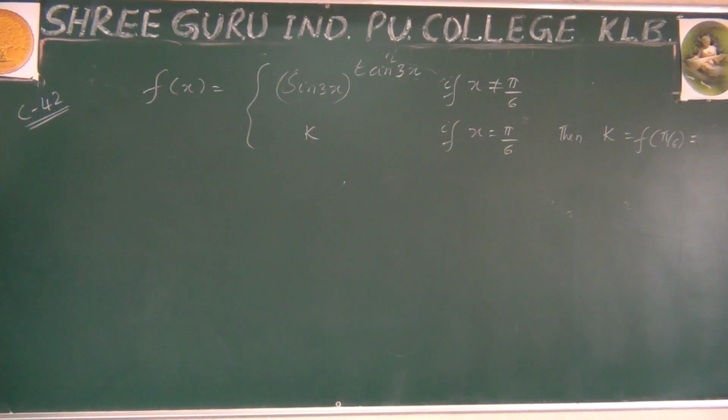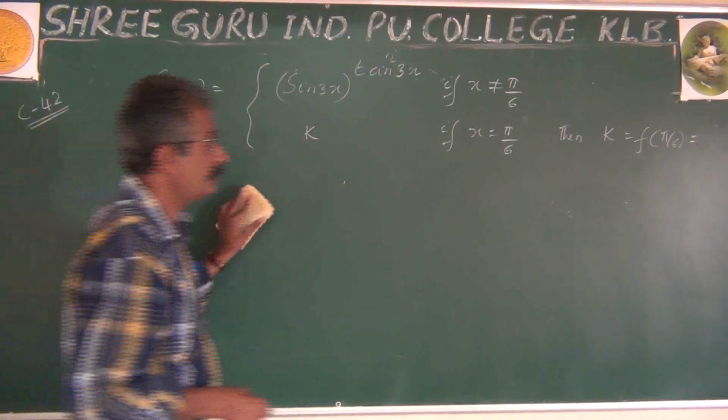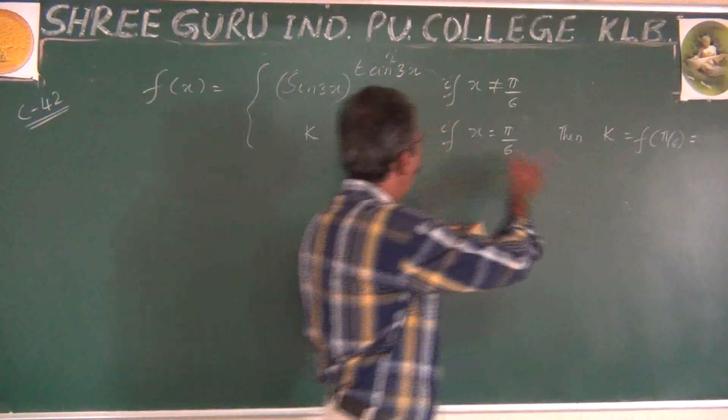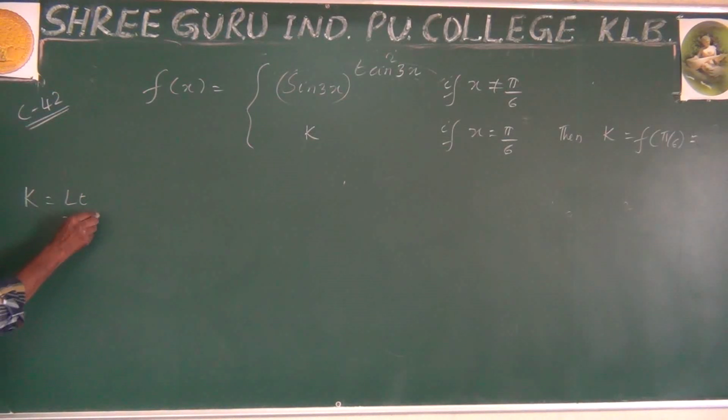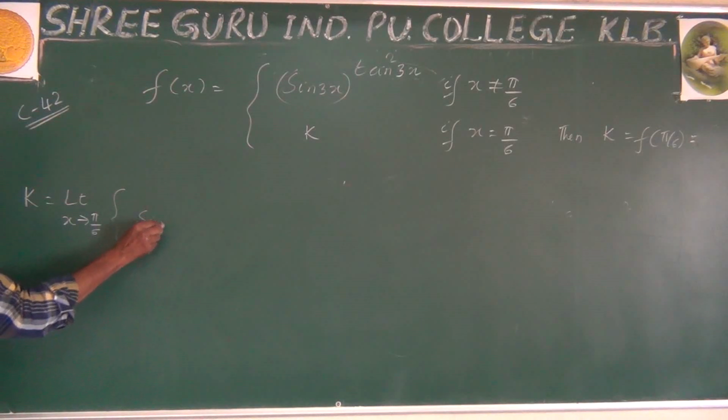What we have given is that the function is continuous, so f of a equals limit of function. We use that. K equals limit extending to pi by 6 of sin 3x to the power of tan square x.